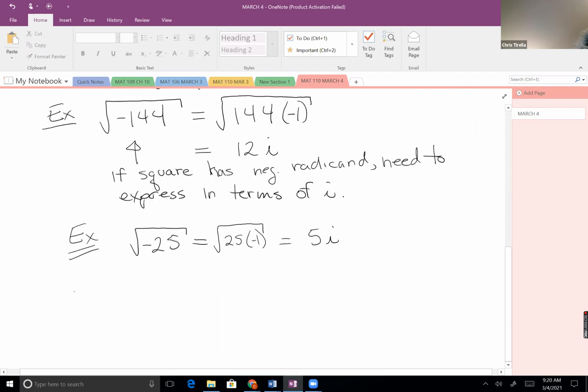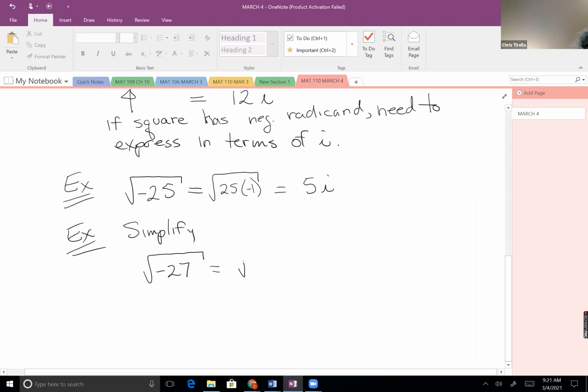They can get a little bit more complicated. Instead, if I ask you to simplify the square root of negative 27, well, here I'm going to take the square root of 27 times negative 1, but does everybody recognize that 27 is not a perfect square? So we're going to simplify that like we simplified radicals in the preliminary section, section P. Can anybody think of a number that goes into 27 evenly that is a perfect square? 9.